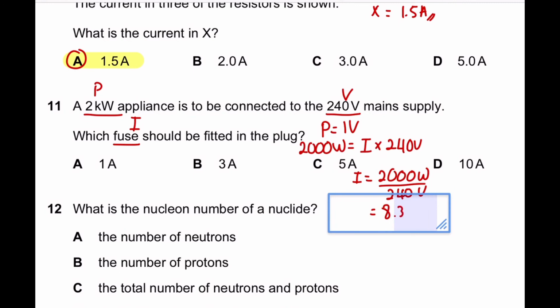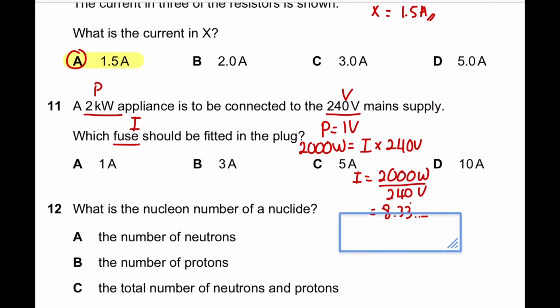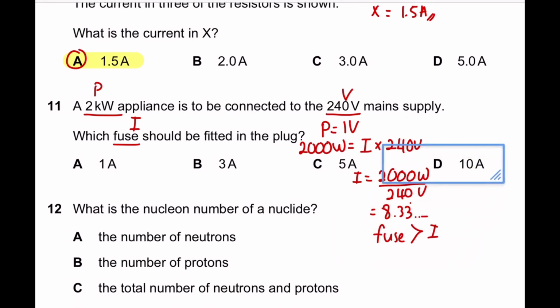With a calculator, you'll obtain 8.33 and so on, which never ends. So in the fuse rating, the fuse must always be greater than the current, which means among these 4 options, only option D is greater than 8.33. So we'll have to choose option D.